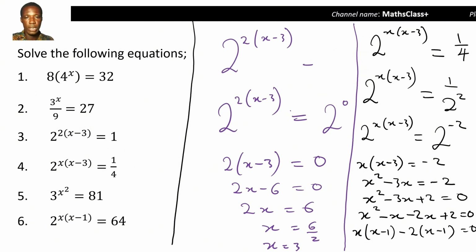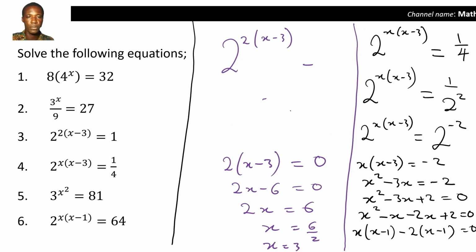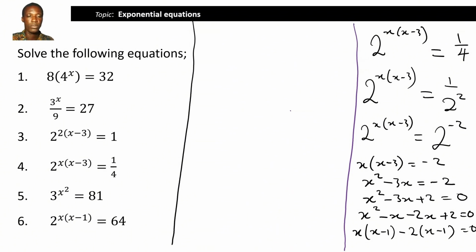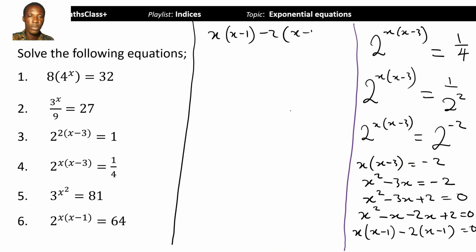Okay, I'll clean this side and continue here. So now I have x minus 1, minus 2, x minus 1 again. Everything is equal to 0.